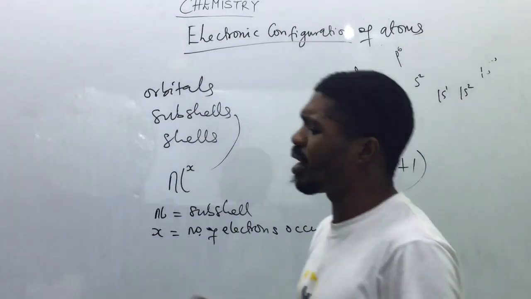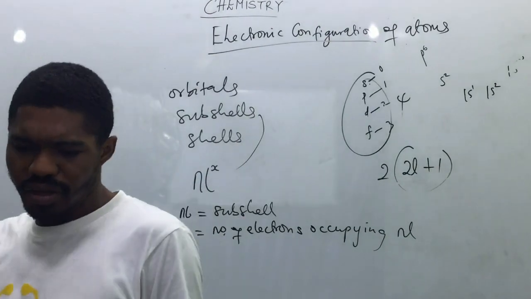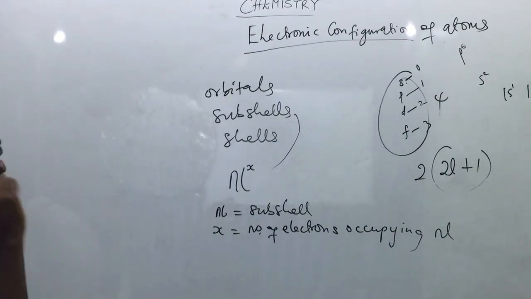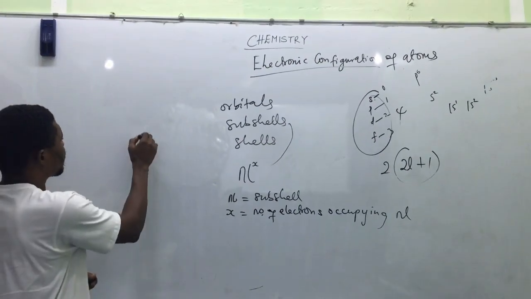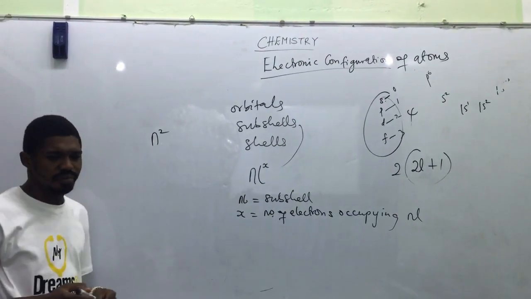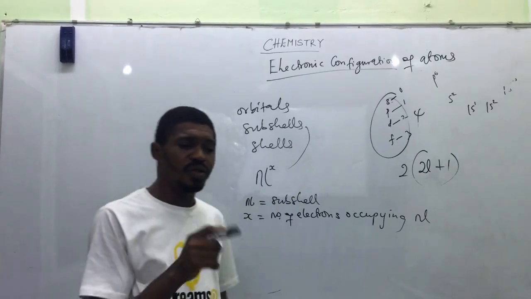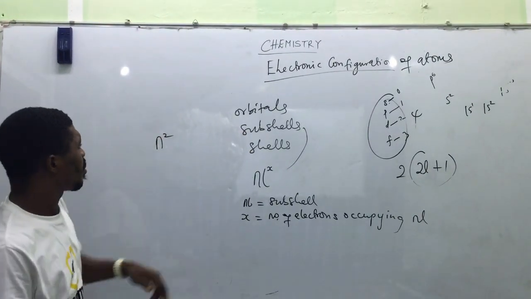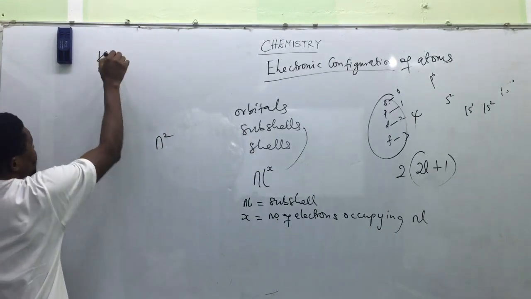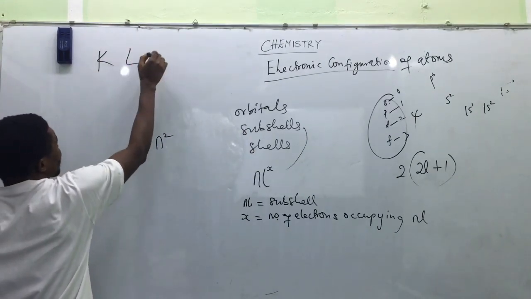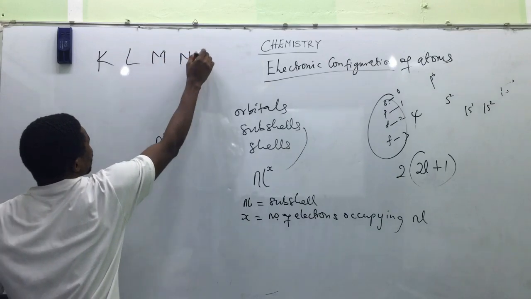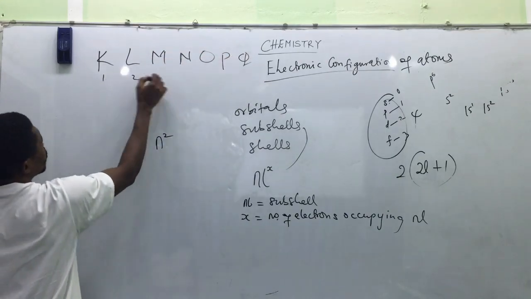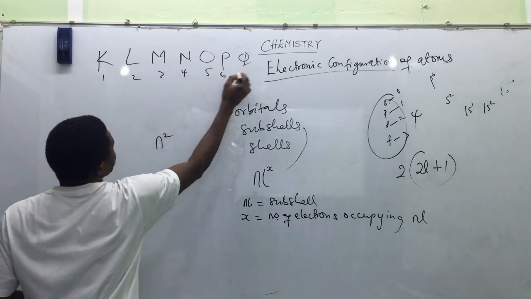So now that is the first rule. Another rule is that the number of orbitals in a shell is given by this formula, n squared. Of course, you have 7 shells in the periodic table: K, L, M, N, O, P, Q, which are 1, 2, 3, 4, 5, 6, 7.